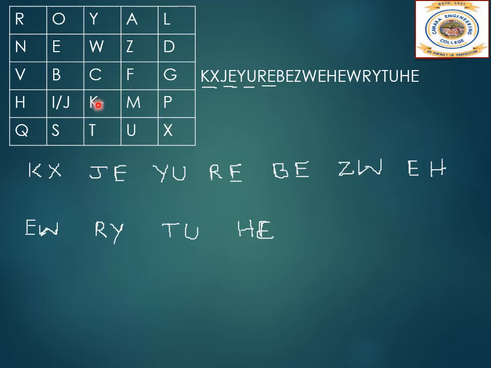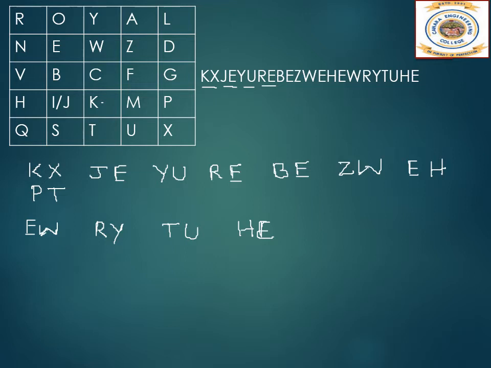For K, the equivalent alphabet is the alphabet in the column of the next letter. So if K is here, X is here, we have to check the same row, but the column that has the other letter. So it is P. Now for X, what is the letter? It is in the same row, but in the column of K. So for K it is P, for X it is T.